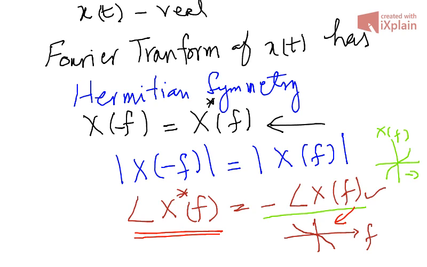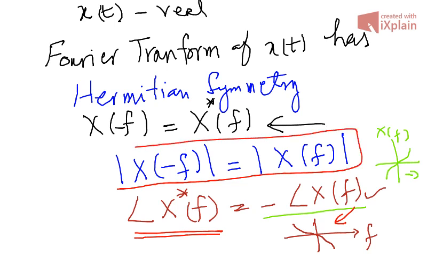The magnitude of x of f is even because the magnitude is an even function for a real signal. If x of t is real, the magnitude of x of f is even, and the phase is actually odd. The phase is odd.